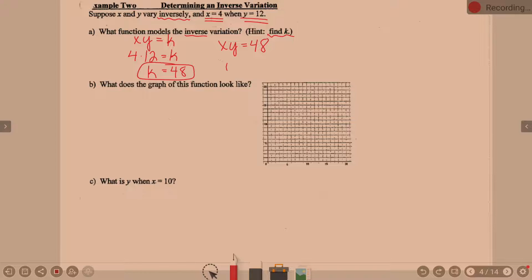The other option, the y equals option, is y equals K divided by X. So y equals 48 divided by X. I'm going to go more for that one. Again, they're both correct, though. They're both equivalent.